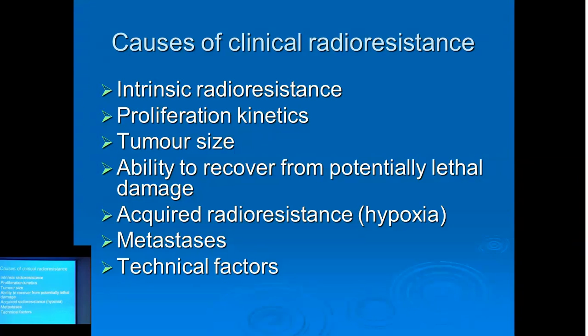The tumor size is also an important factor. The larger the tumor, the more difficult it is to treat, because a larger tumor requires a higher dose. But because the normal tissue volume involved will be larger, you can give only a smaller dose, because of normal tissue toxicity. For a small tumor you can give a large dose.